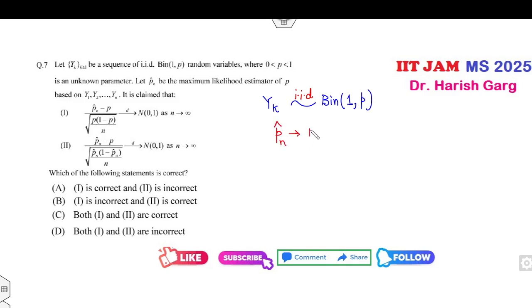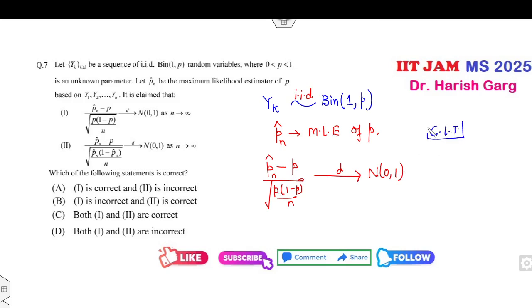Pn cap is my MLE of p, and it is claimed that first option: Pn cap minus p divided by square root of p(1 minus p) over n converges to the normal distribution 0 comma 1 as n approaches infinity. Is it true? It happens only when you can use the central limit theorem basically.